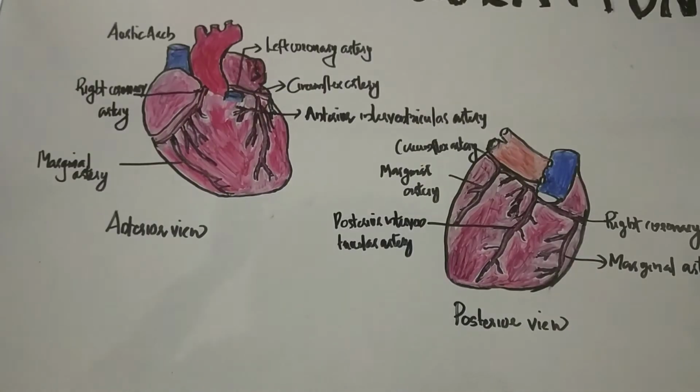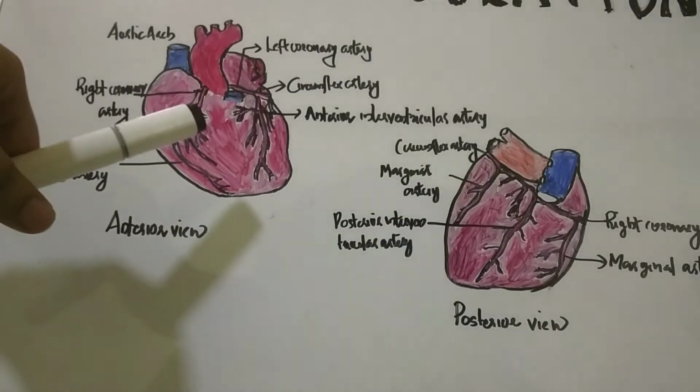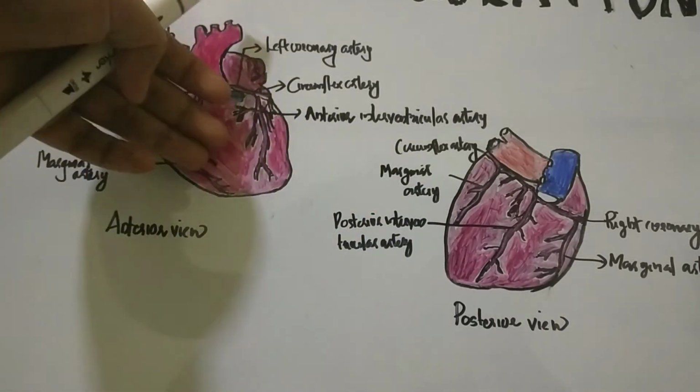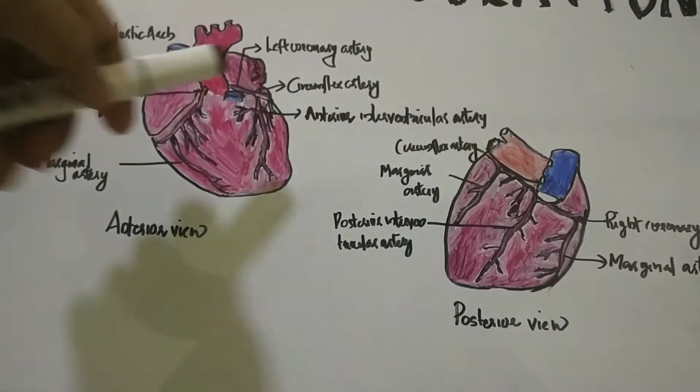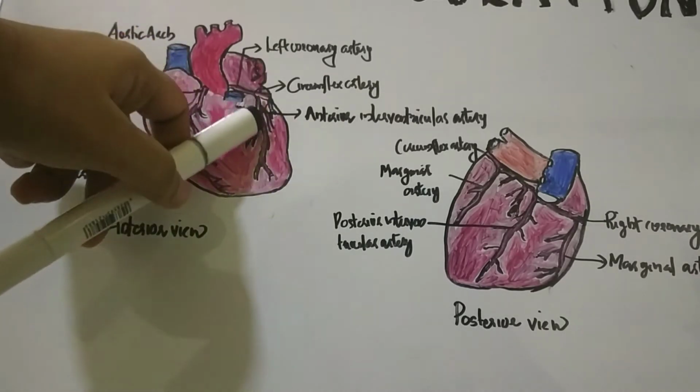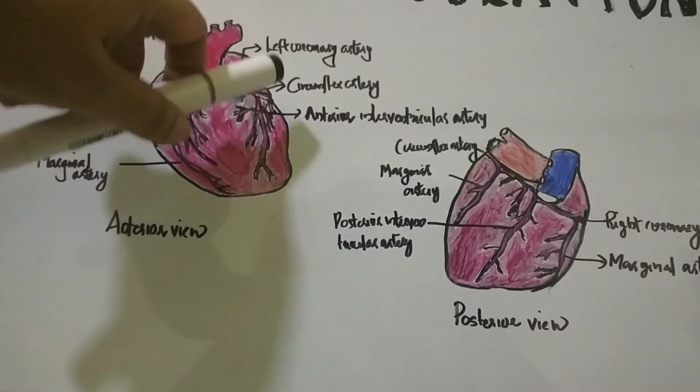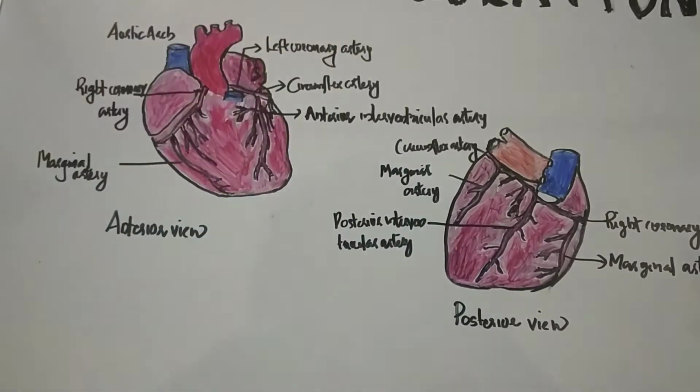Now we will discuss the area of distribution of the right coronary artery. It is distributed to the right atrium and right ventricle. Most of the right ventricle is supplied by the right coronary artery, except at the anterior interventricular groove, which is supplied by the left coronary artery.